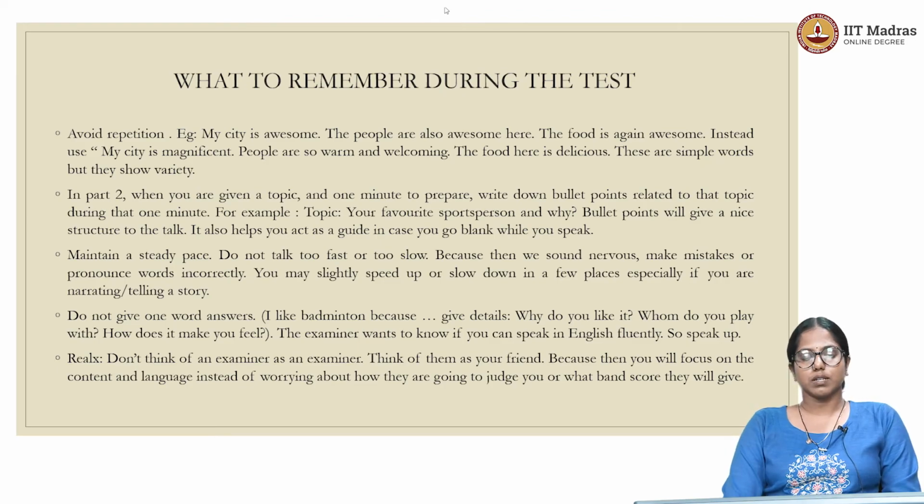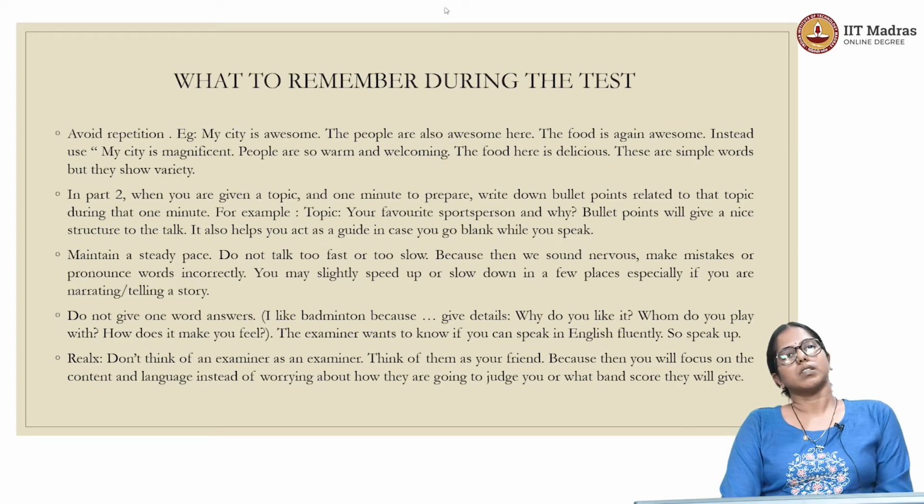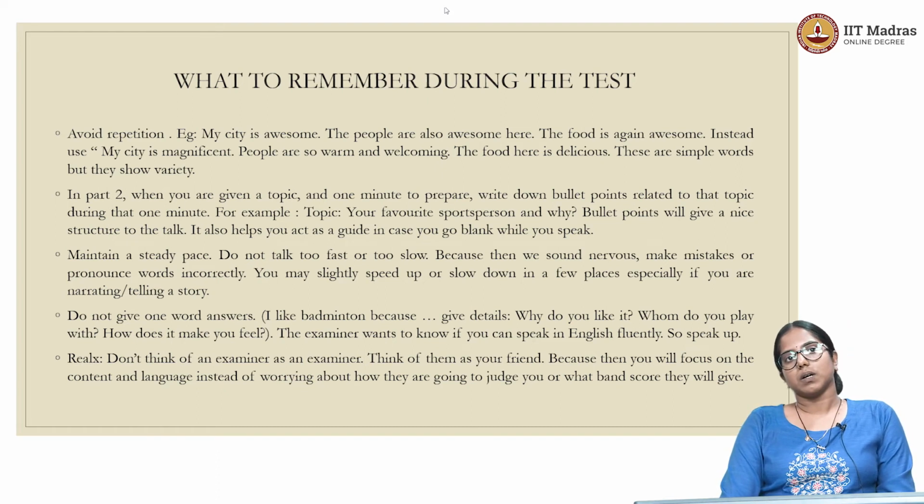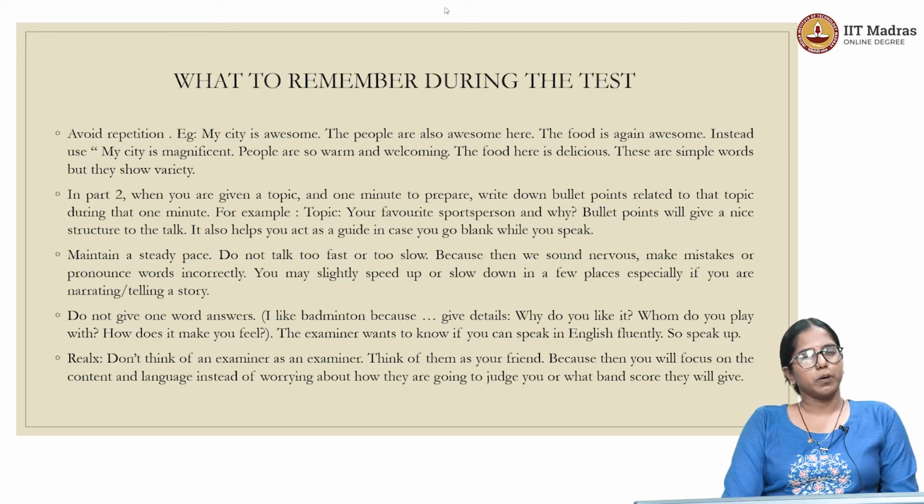Now, there are a few things that I want you to remember during the test. And what are these? The first one is to avoid repetition. I have already told you, this is an example of repetition. Now, if they ask you to talk about your city, instead of saying, my city is awesome, the people are awesome here, the food is again awesome, or if not awesome, I hear people saying, people are really good and the food is also great.